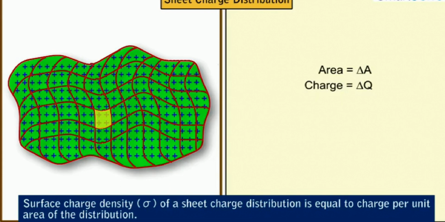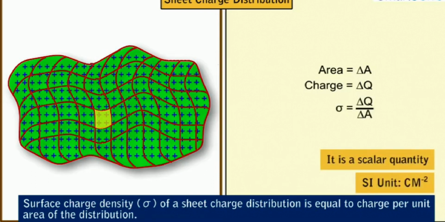Therefore, the surface charge density for an individual surface element is expressed as sigma is equal to delta Q by delta A. It is a scalar quantity measured in Coulomb per meter square in SI unit.